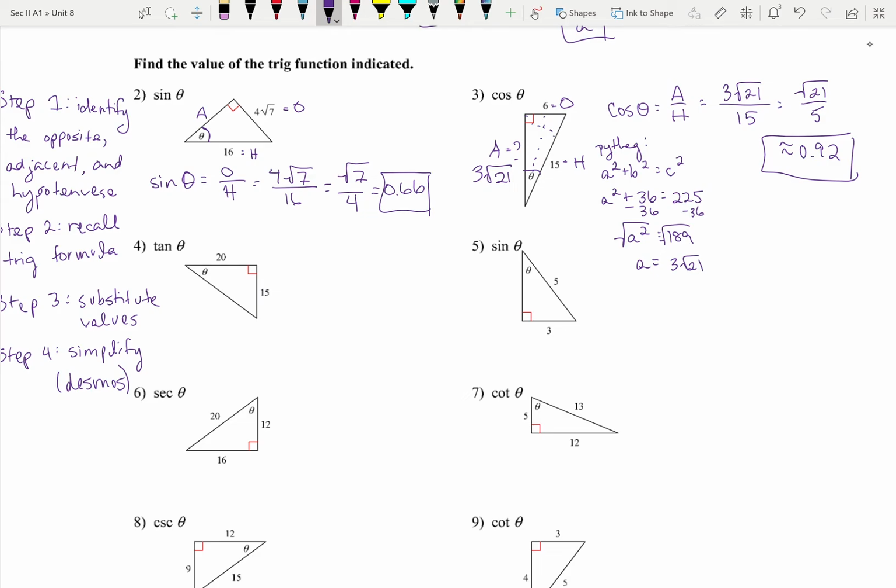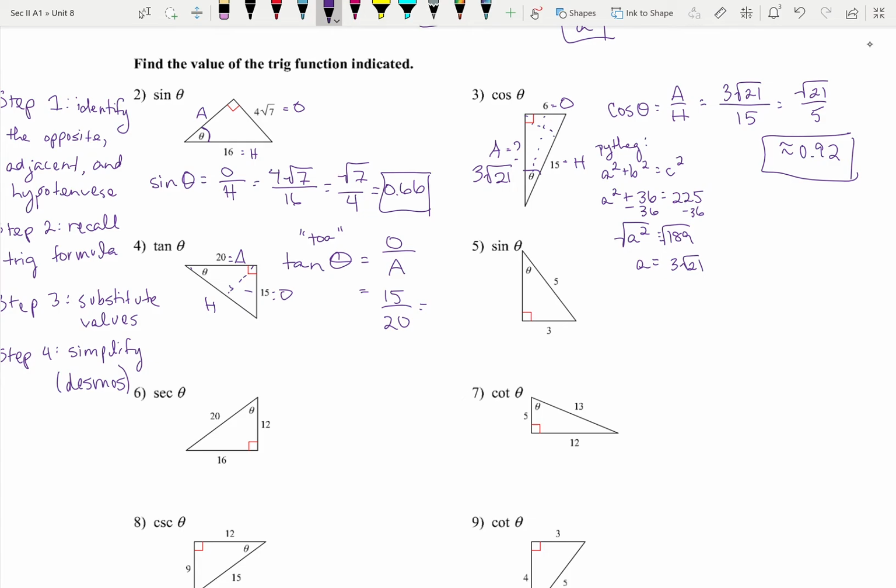Okay, so this one, tangent of theta. So opposite. Here's my hypotenuse, so that means this one must be adjacent. And tangent is TOA, which means opposite over adjacent. So my opposite is 15, adjacent is 20.